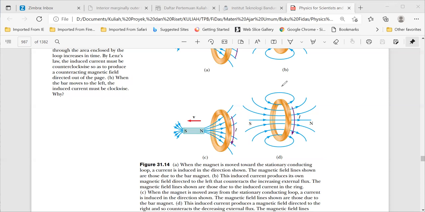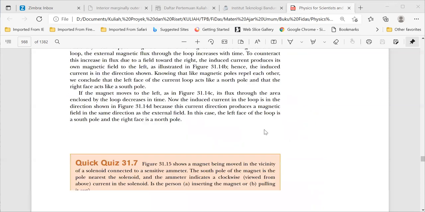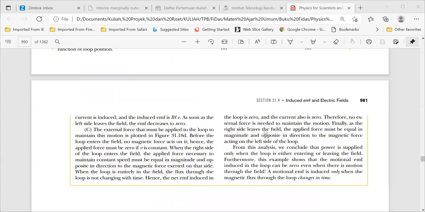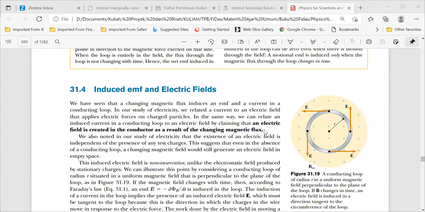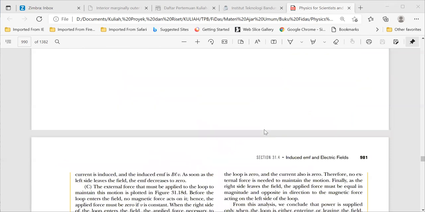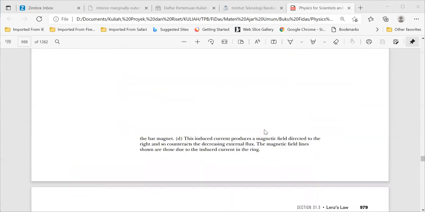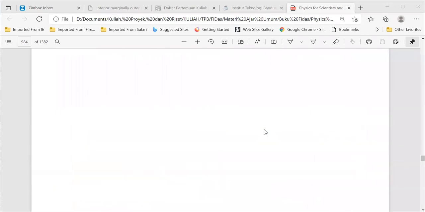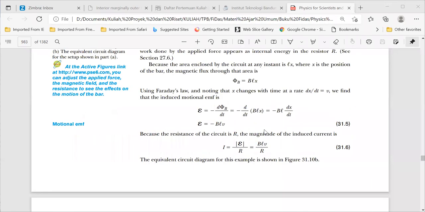So what does the Lenz law state? It's not stated here yet.